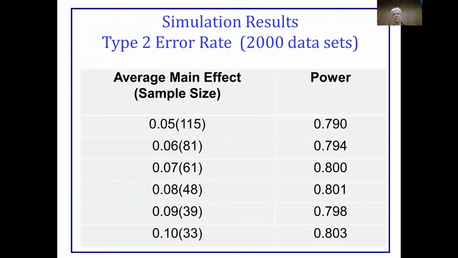This slide is to prompt me to tell you about this sample size calculator. It actually works pretty well, because we were aiming for 80% power to detect an average effect.